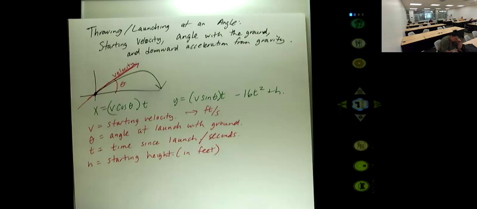Delta t is technically true, but I hate using that, because as soon as you start Calc 1, delta t means something very specific. But yes, it is the change in time. Most of the time you won't use delta t, you use delta x in calculus, so it's not too bad.